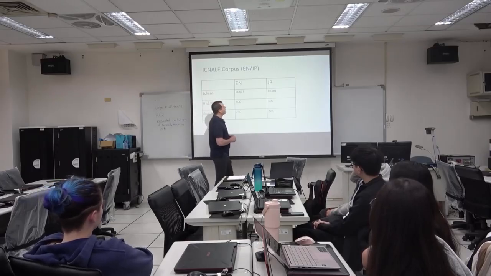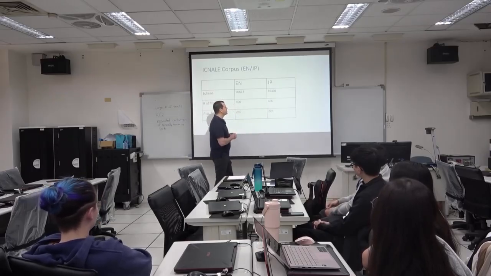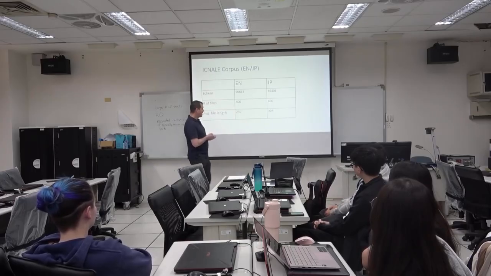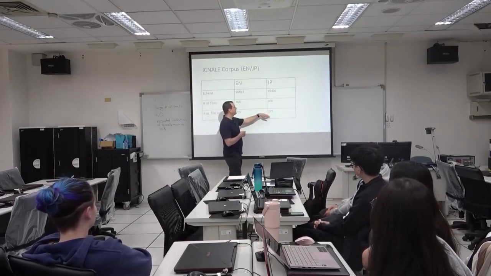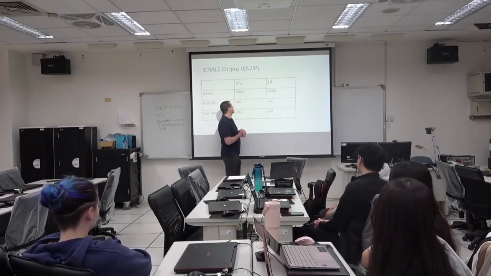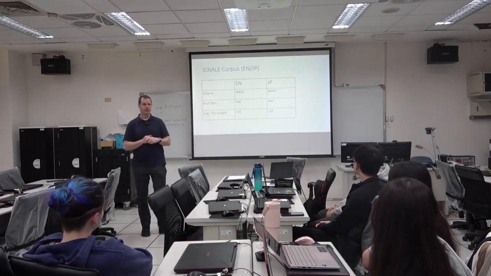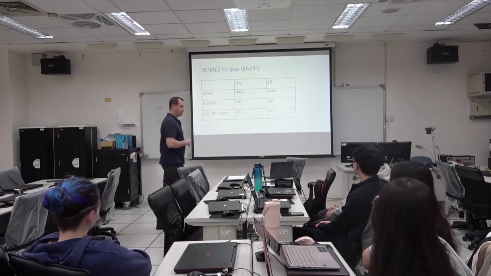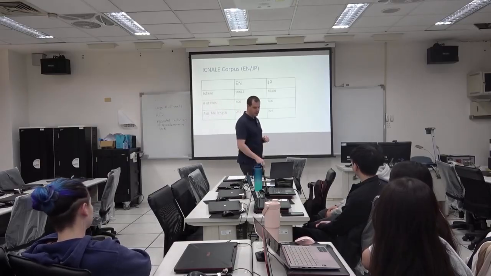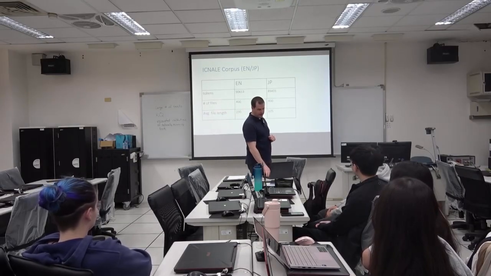And then the L1 Japanese also have 400 essays. The average length of each essay was 225 words, and it's 89,000 words. Very similar word counts, very balanced subcorpora in this corpus. So that's what we'll use to analyze stuff.